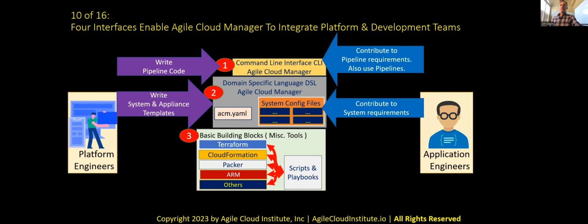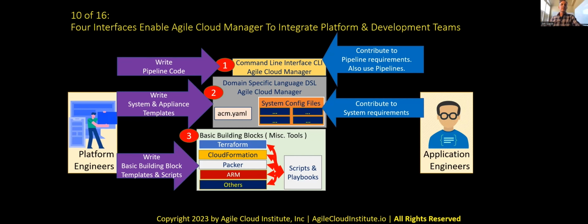Next, a layer down, you have the basic building blocks that you already have in your enterprise. You already have templates using languages like CloudFormation or ARM templates or Packer templates or Terraform templates or other types of templates, and you've already got scripts and playbooks using other types of tools like Ansible or Chef or Puppet.